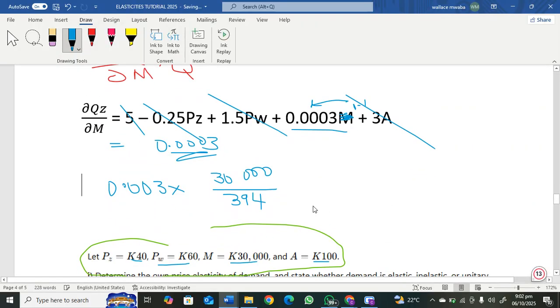So 30,000 divided by 394, you get 76.1. 76.1 times 0.0003, you get 0.0228.